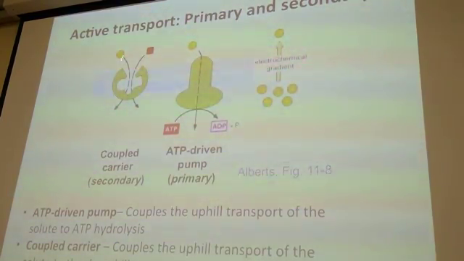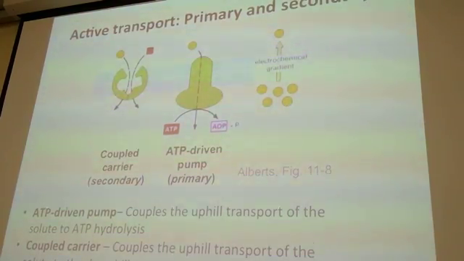And then we have secondary active, in which primary active is establishing a gradient, and then you have symport or some sort of coupled transport to allow for movement of a molecule up its concentration gradient. Okay? So secondary active is utilizing a concentration gradient of another molecule to drive the movement of this up its concentration gradient.